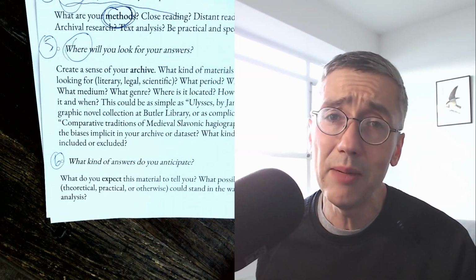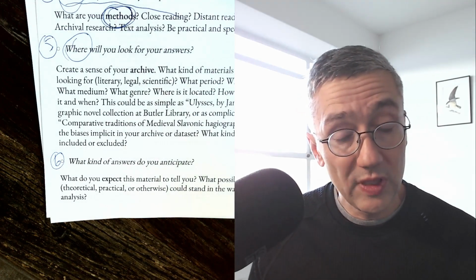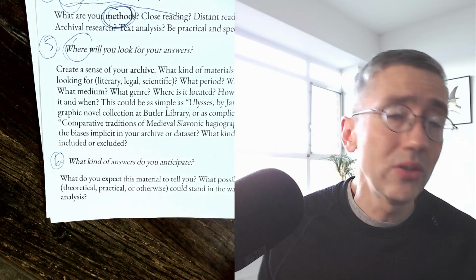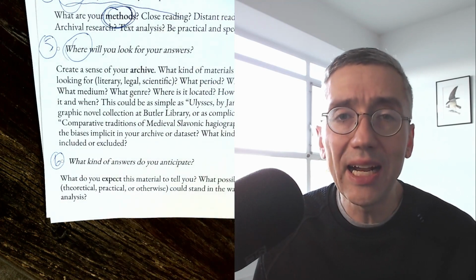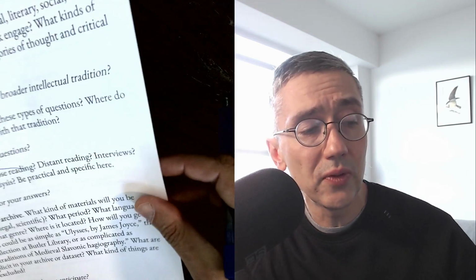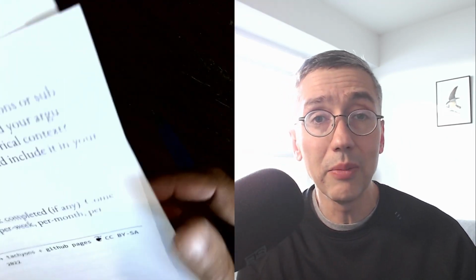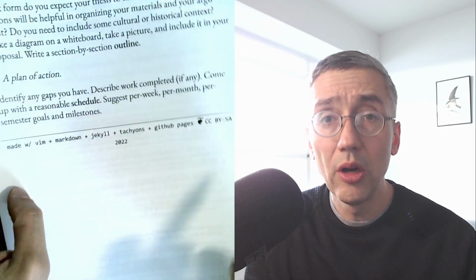You can already, in some fields, start setting expectations. Similarly, you know what kind of answers you're not going to get. So you can start bracketing the expectations from your reader. And again, it's a very useful thing for your advisor to discuss with you, because you can then talk about the scope of your work.